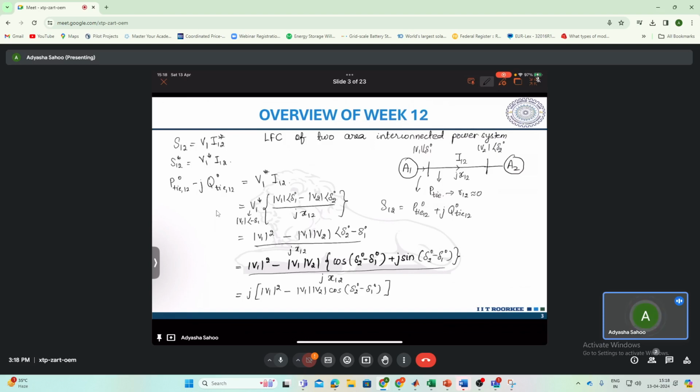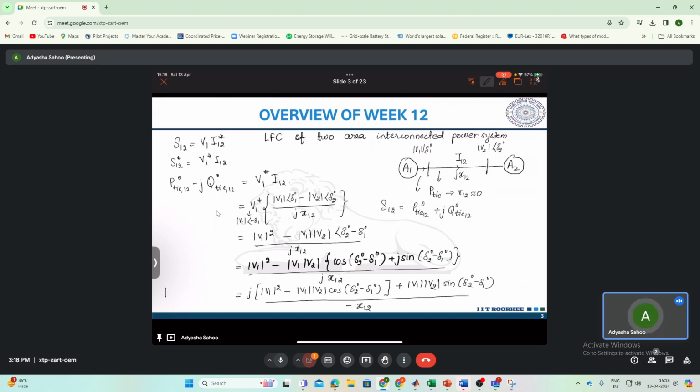These are the terms coming with j. Without j, it will be minus j into j, which is minus j squared, and j squared is minus 1, so it will be plus V1 V2 sine of delta 2 naught minus delta 1 naught, divided by minus X12, since j squared is minus 1.